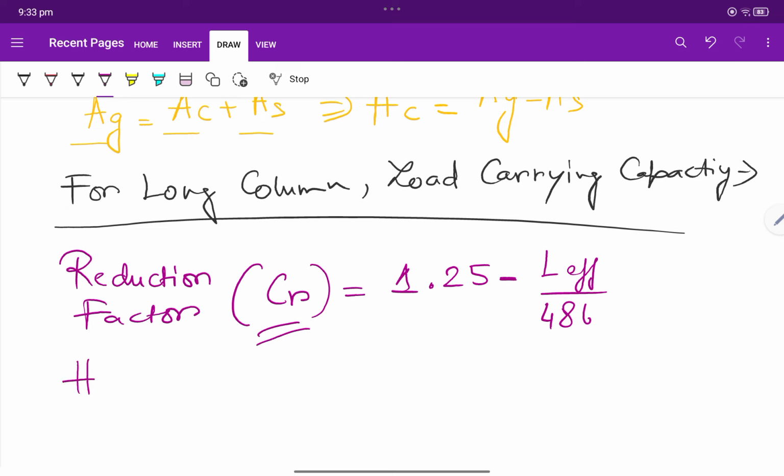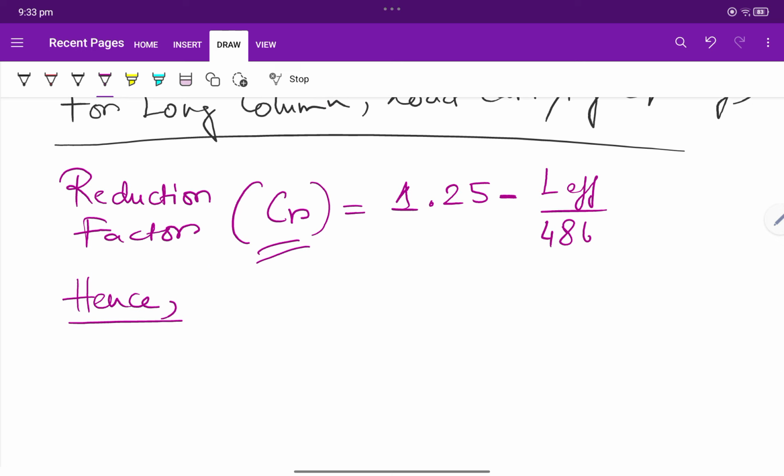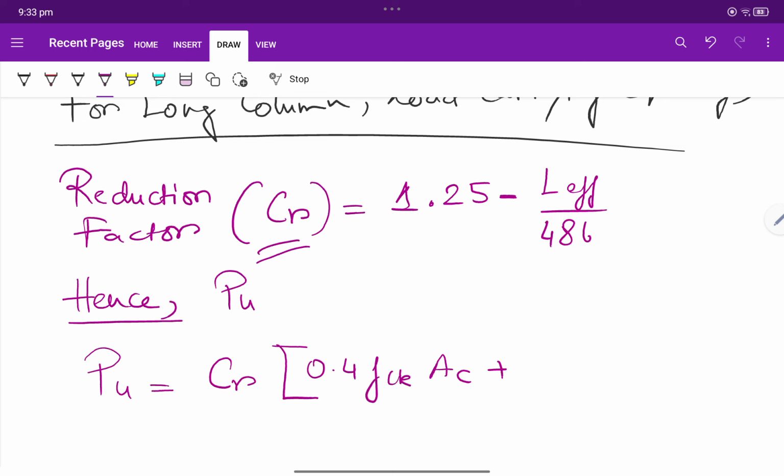Hence, what's the load carrying capacity formula? It comes to Cr into the previous one, which will be the same. Only the reduction factor comes into action for a long column.